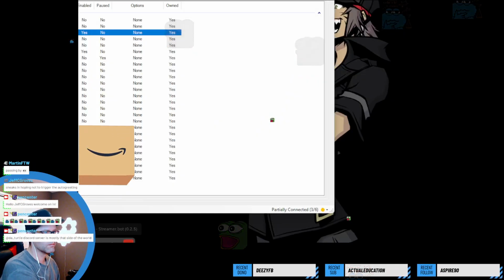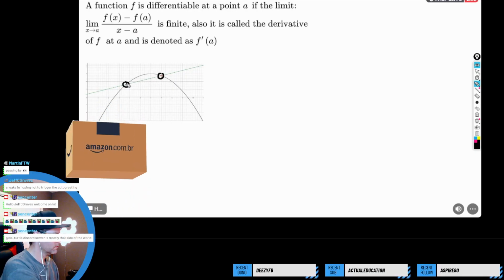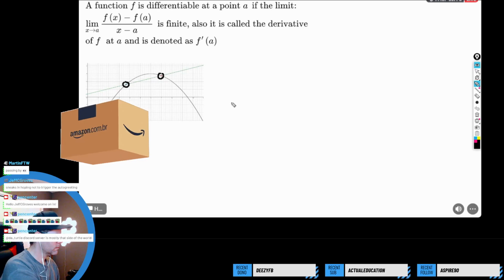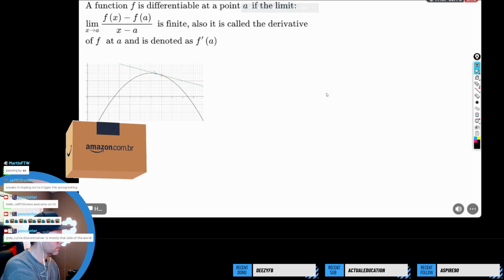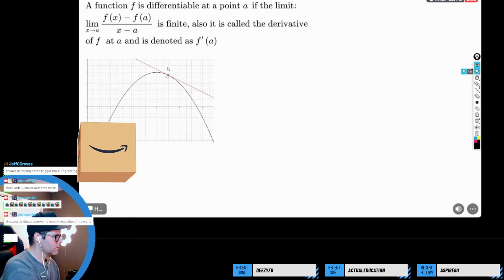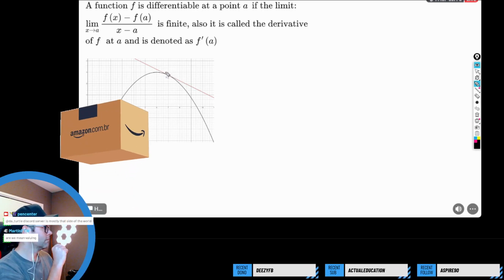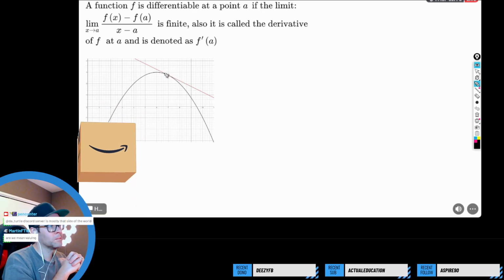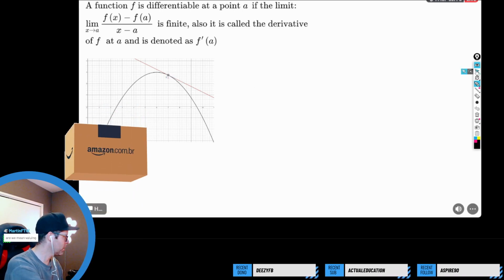Two points, and it is the slope between them as one point gets closer and closer to the other, until when they get infinitely close, it becomes the tangent line to the function, and the slope of the function at this particular point.